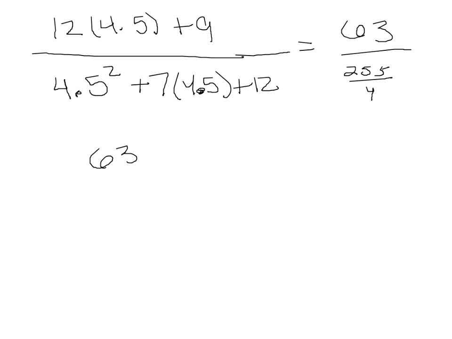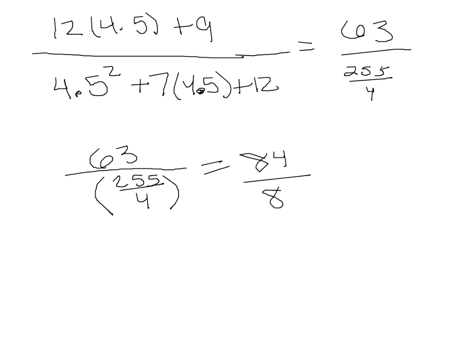Okay, so I need to take 63 divided by 255 over 4. I'm going to do that in my calculator. And hopefully it comes out to 84 over 85. So 63, and we'll need to put the denominator in parentheses, 255 divided by 4. And it does. It comes out to 84 over 85.